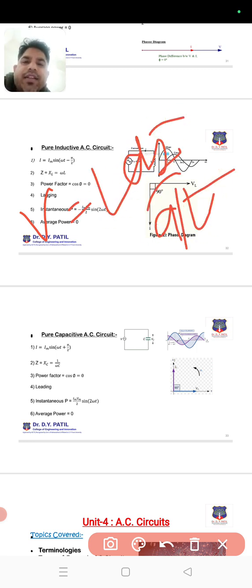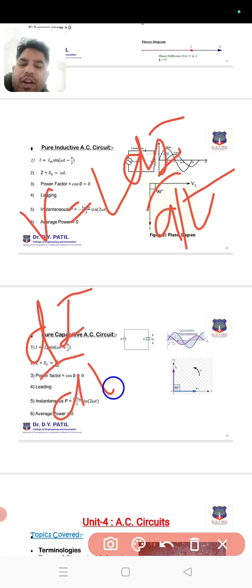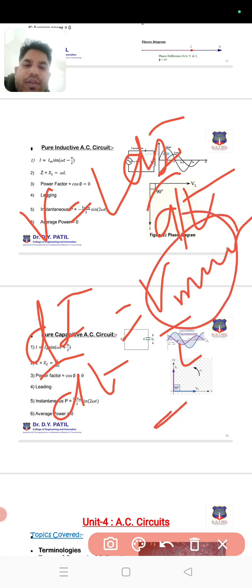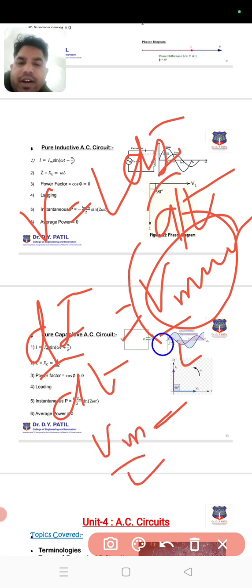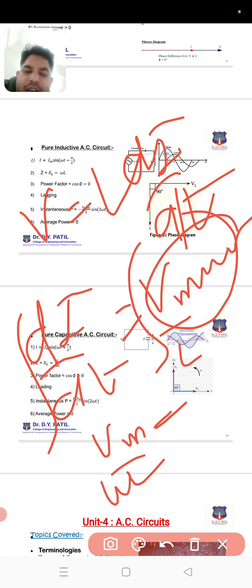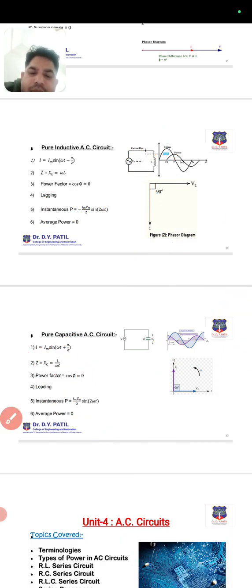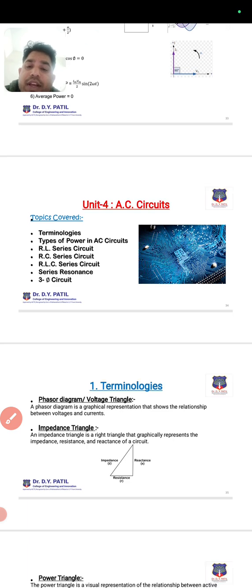Always we are finding the current, so di upon dt is equal to V divided by L, where V is Vm sin omega t. Just put in the value and integrate, and we get Vm divided by omega L, that is Vm divided by XL, into cos of omega t, or sin of omega t minus pi by 2. For the capacitor there is a plus pi by 2. It's all about the AC fundamentals.